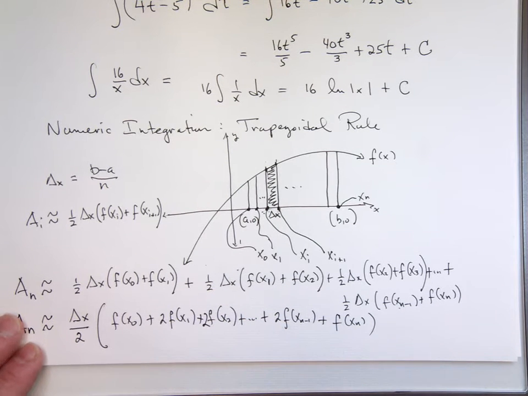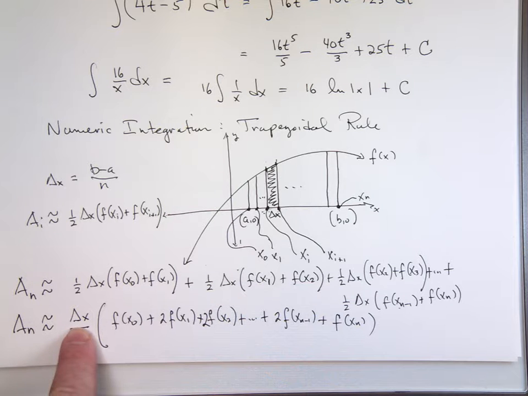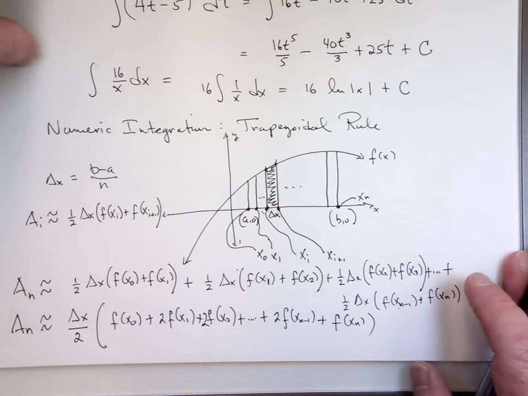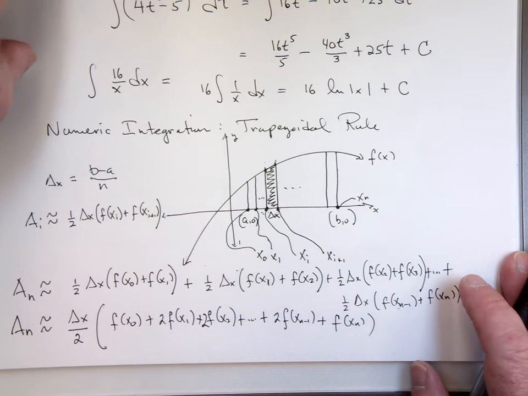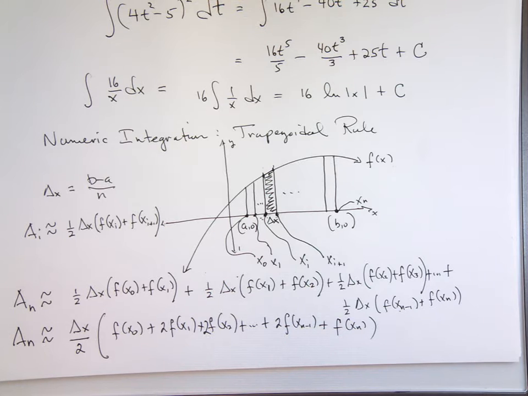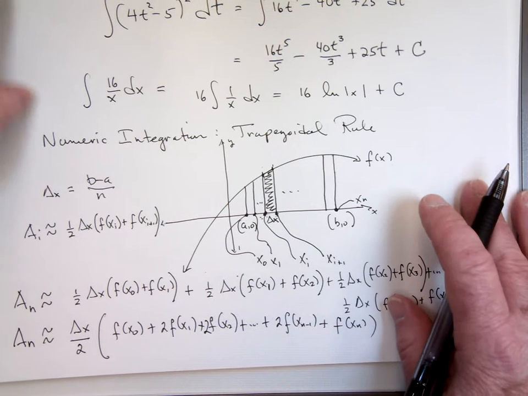The delta x is b minus a over n. So here's the trapezoidal rule. I'm going to write it out. We all set? So, trapezoidal rule is this.